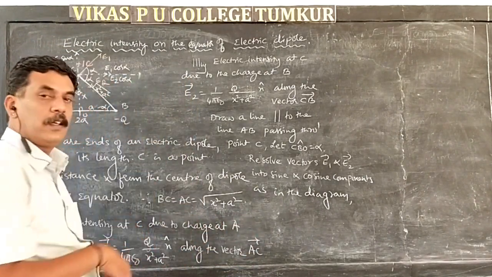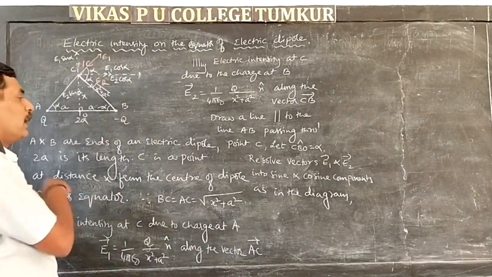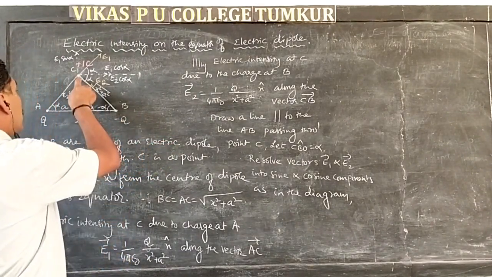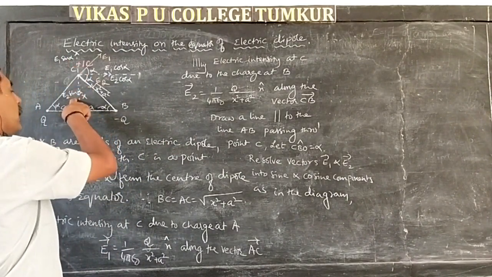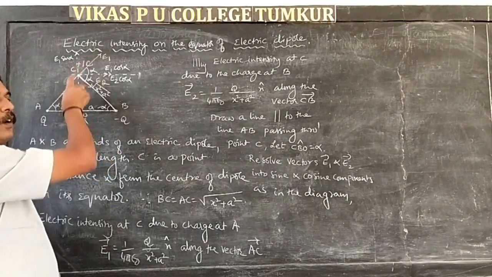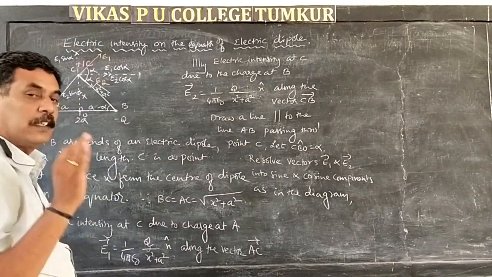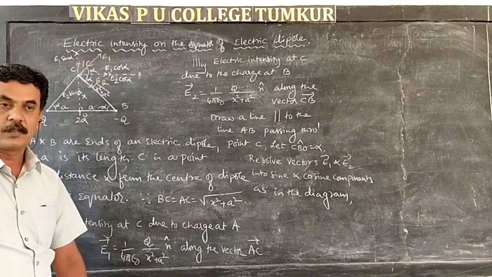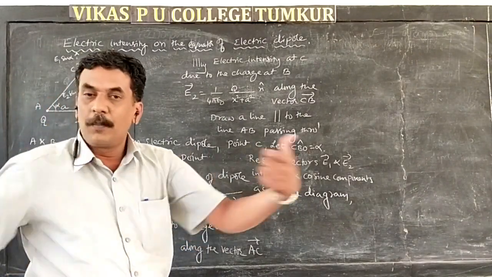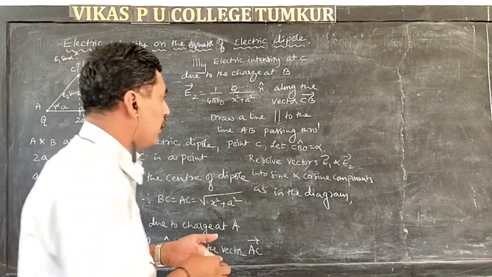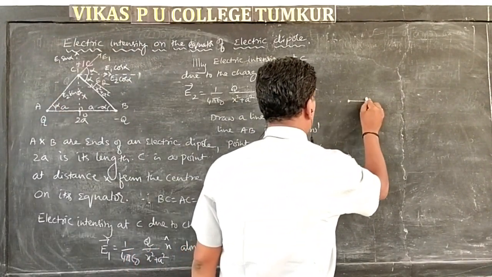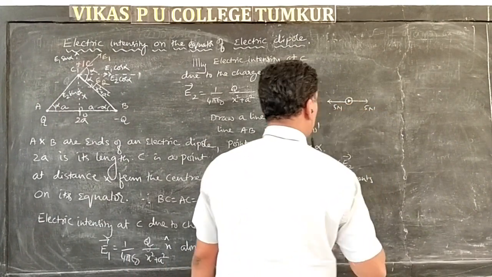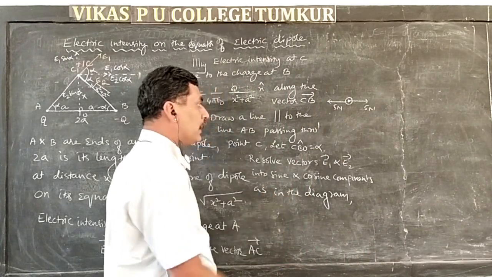If E1 and E2 are equal and the angles are equal, then E1 sin alpha and E2 sin alpha are equal. These are acting at the same point and they are directed mutually in opposite directions. If two vectors are equal in magnitude and opposite in direction, naturally they cancel. If someone applies a 5 newton force at a point and another person applies a 5 newton force in the opposite direction, the point remains in equilibrium, at rest. They cancel.